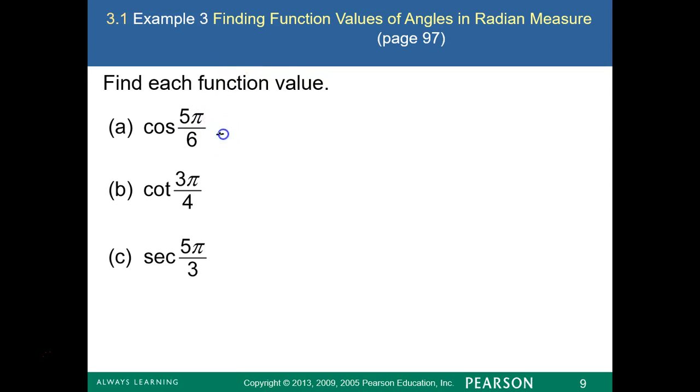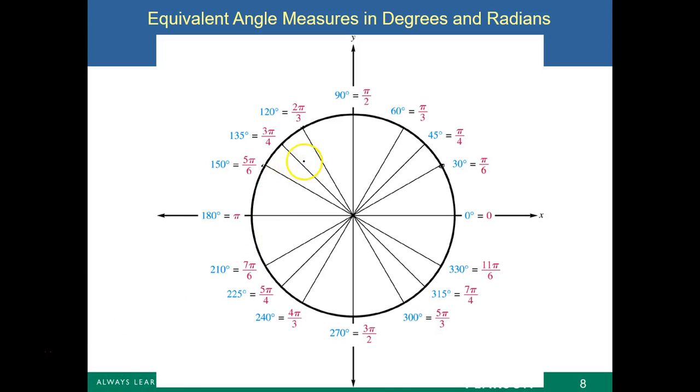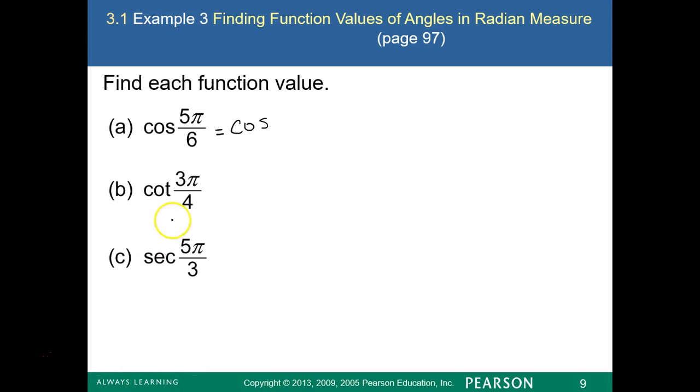So this right here, cosine of 5 pi over 6. Well, if you convert that to degrees, let's go back to our unit circle. 5 pi over 6, oh, it's right here. That's 150 degrees. So what we're trying to find here is cosine 150 degrees.